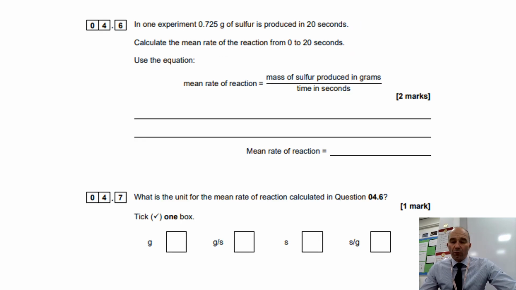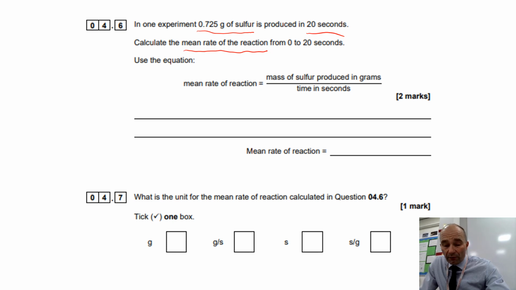Right, and then 4.6. Again, this one you should look at being straightforward because it's 2 marks for a maths style question where they give you the equation. So we need to work out, it's asking us to calculate the mean rate of the reaction. We're given the mass of sulfur that's produced, and we're given a time.